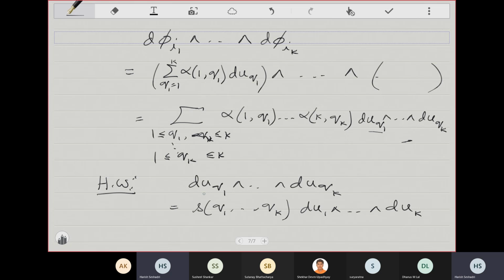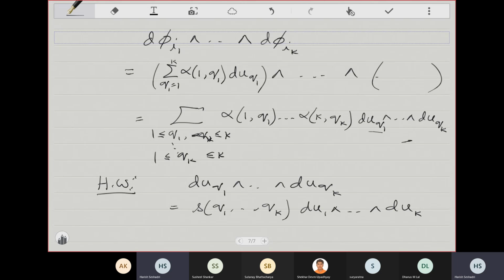So you can put this in the standard form. And to do that, you will just have to do lots of flips. And the number of flips will be exactly this S. So this is a very important homework. So please do this. As I said, we have used this at least once earlier, but now I'm stating it explicitly. By the way, I don't even have to mention that these q1, q2, qk are all distinct.